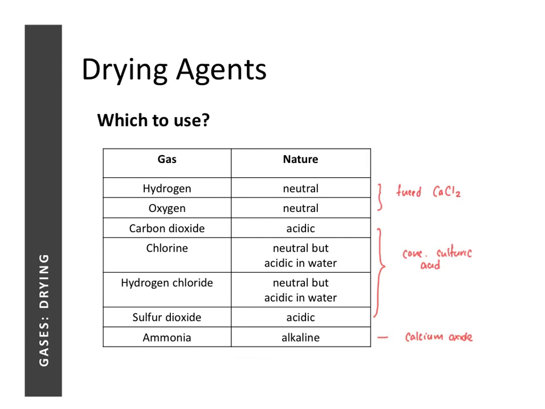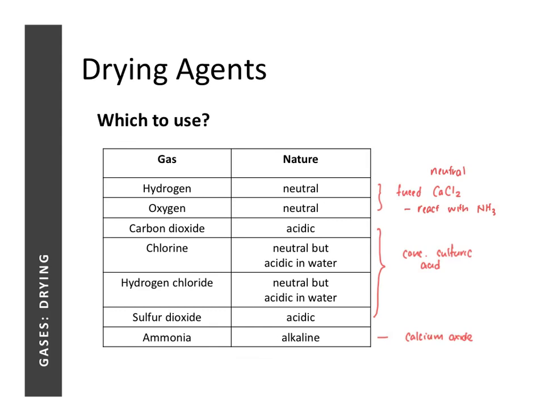So the question that you might ask is this: why can't we use fused calcium chloride to dry all the gases? Since fused calcium chloride is neutral, it is not going to react with any gas. That is not true, because even though fused calcium chloride is neutral, it can still react with some other gases. In fact, it can react with ammonia. It is not an acid-alkaline type of reaction, it's some other type of reaction.